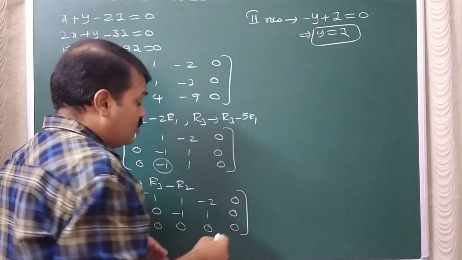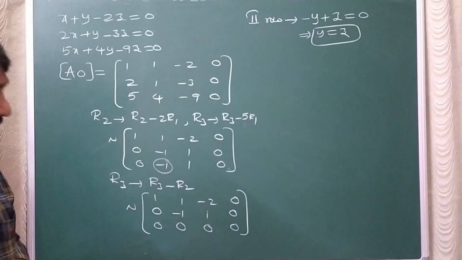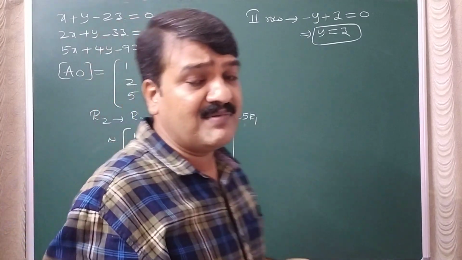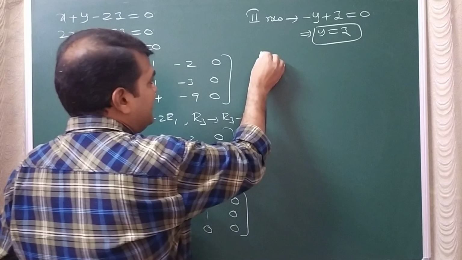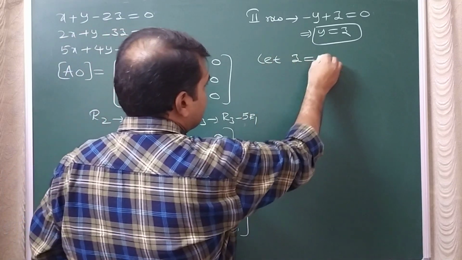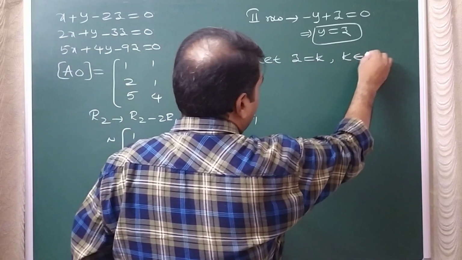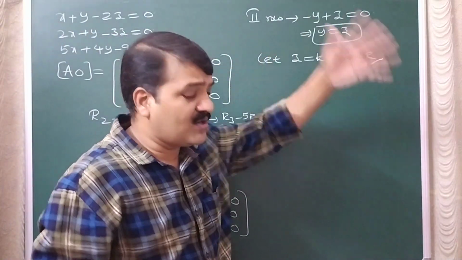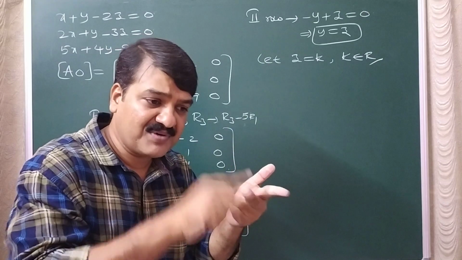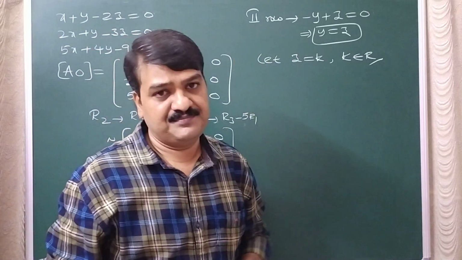Now, to write infinite solutions, we cannot directly find x, y, z values. Therefore, I will take z is equal to k, where k belongs to R, and represent all values of x, y, z in terms of k.